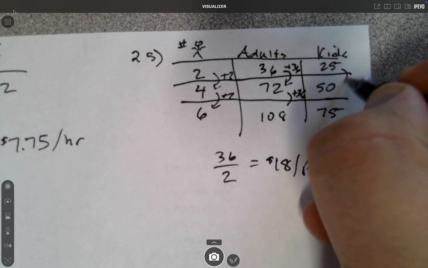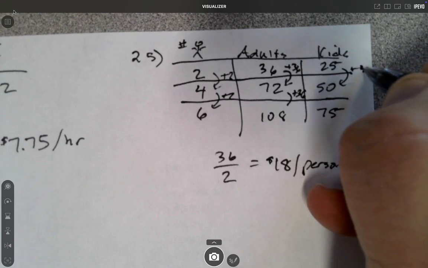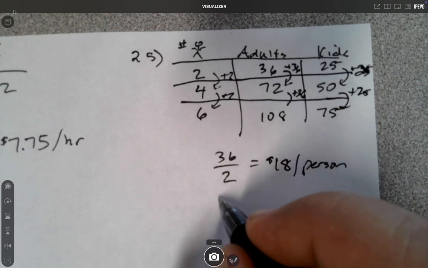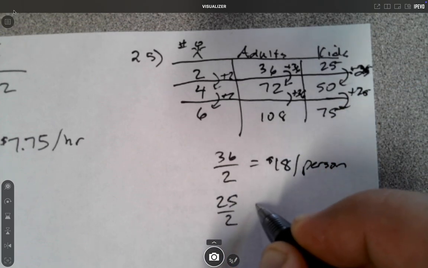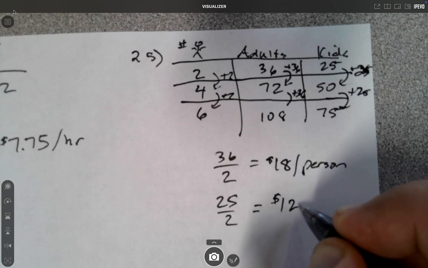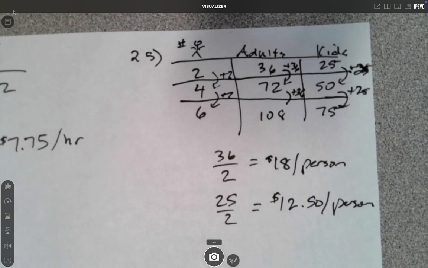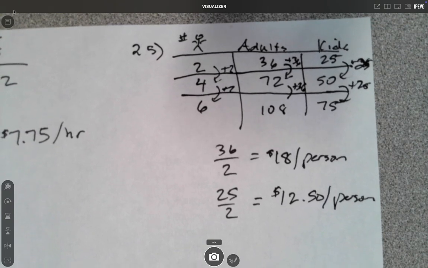The kids are going up by 25 each time. So we put 25 over 2, and we get $12.50 per person. So adults, the rate of change is higher because it costs more per adult, $18. The kids has a lower rate of change because it only costs $12.50 per kid.